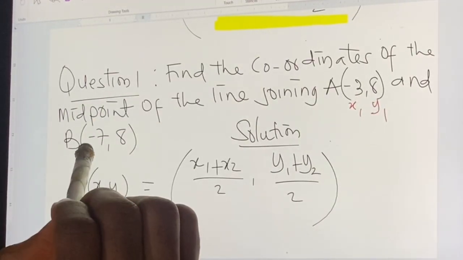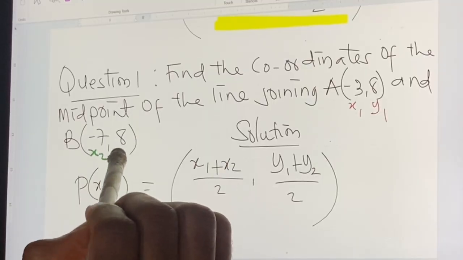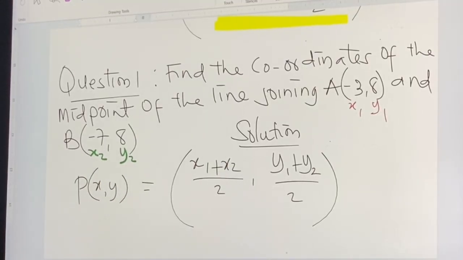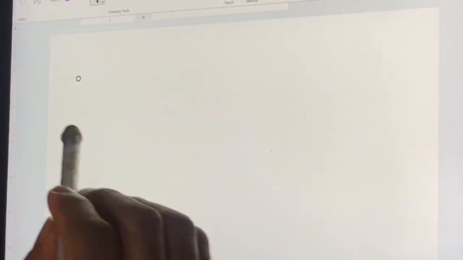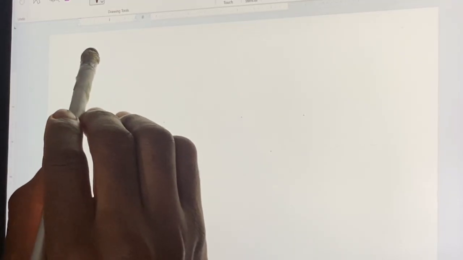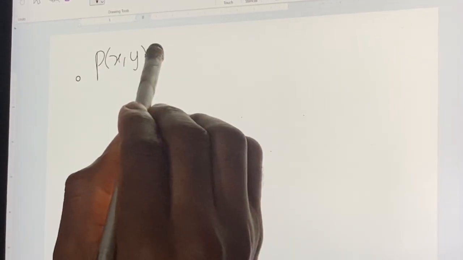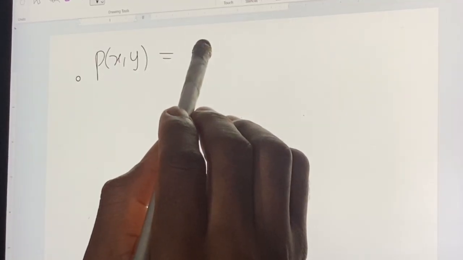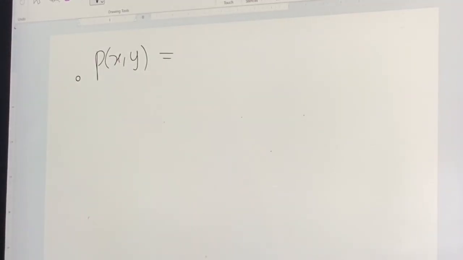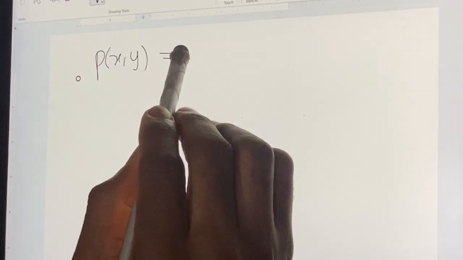From here, this is x2, this is y2. Let's replace the values. When you replace the values, our point (x, y) will be equal to the value for x1, which is given to us as minus 3. Please take note.